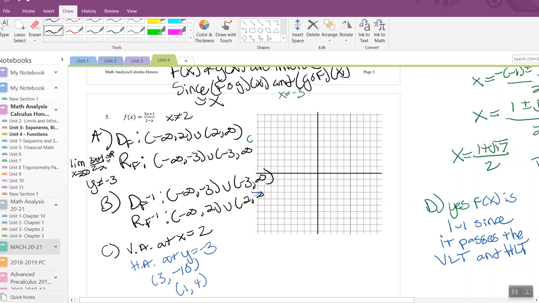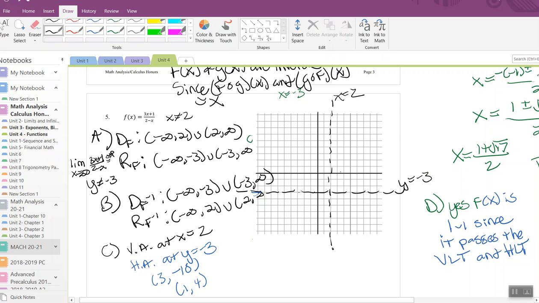And since y cannot equal -3 in the original function, there's going to be a horizontal asymptote at y equals -3. So we can put those on the graph. There's x equals 2, and y equals -3 is right here. That's the vertical asymptote and the horizontal asymptote.